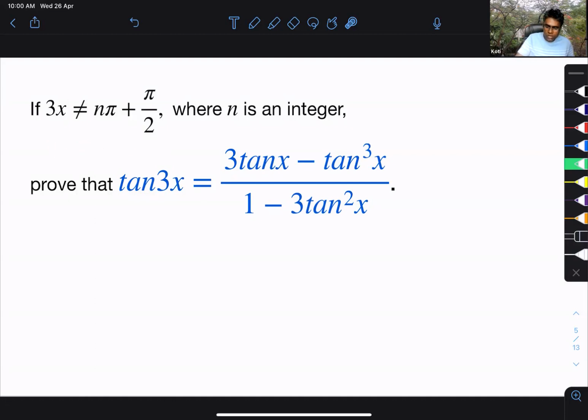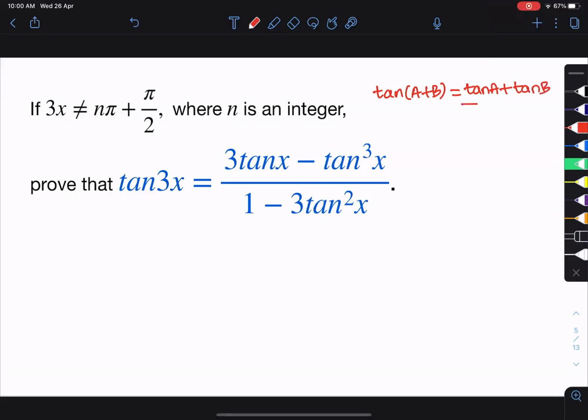Now again, I think the proof will be similar to what we did for sine 3x and cos 3x. So we have tan of a plus b, which is tan a plus tan b divided by 1 minus tan a multiplied by tan b.